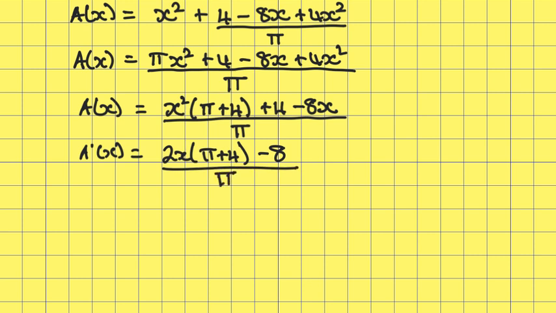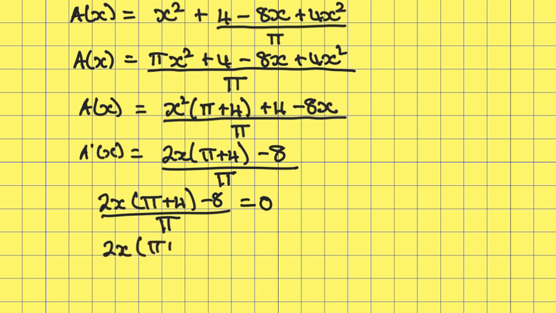I can now put the differential equal to 0. So 2x, pi plus 4, minus 8 all over pi is equal to 0. Multiply through by pi, so I get 2x, pi plus 4, minus 8 is equal to 0. Take the 8 to the other side, so I get 2x, pi plus 4 is equal to 8.